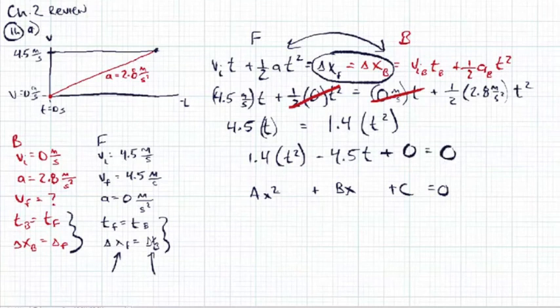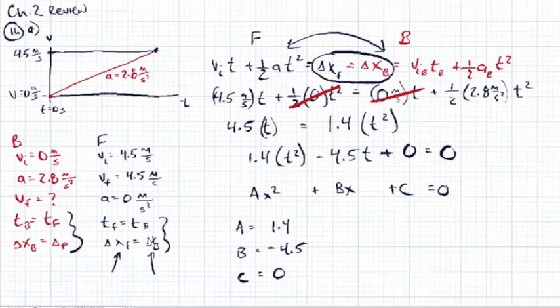So what's our value for A? Well, our A is 1.4. Our B value is going to be negative 4.5, and our C value is going to be equal to 0.